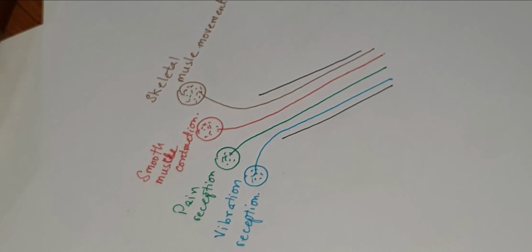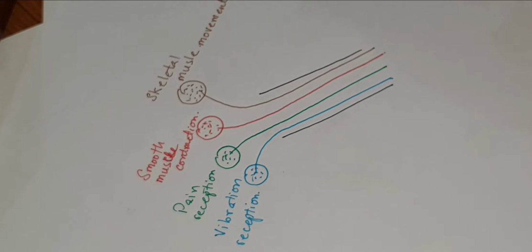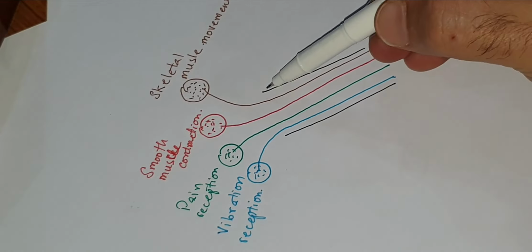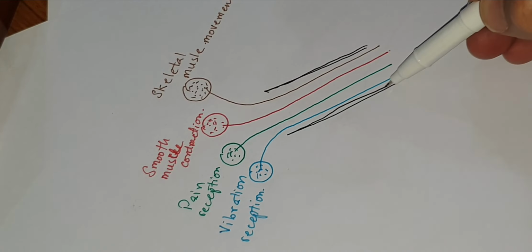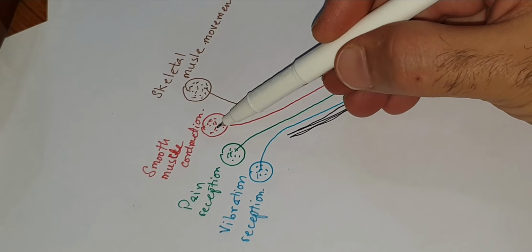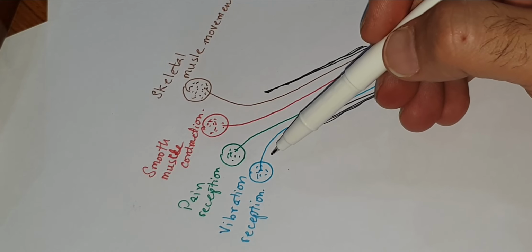Now, before going into the detail of the functional components, I will just try to explain what a functional component is. So this black structure which I have drawn represents a nerve. This structure is a nerve, and these structures which are of different colors are the nuclei. I already told you what a nucleus is.